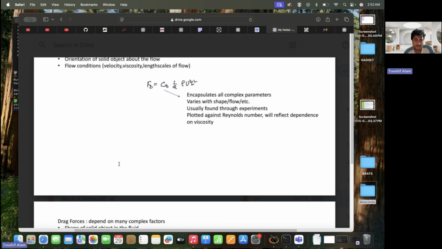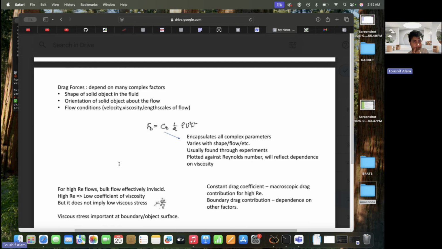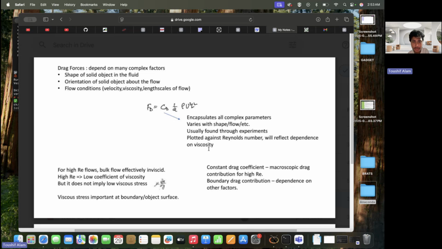Drag forces will depend on many complex factors, such as the shape of the solid object in the fluid. CD encapsulates these complex parameters and varies with shape, flow, etc. It is usually found from experiments, so we can get the value of CD from experiments, plotted against Reynolds number, which reflects dependence on viscosity.